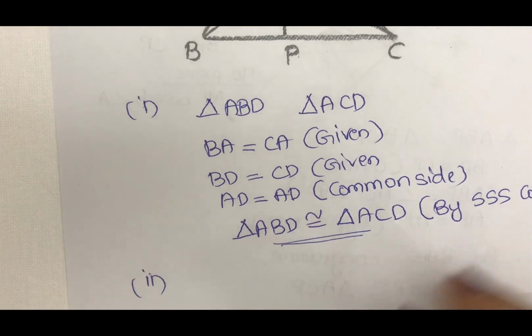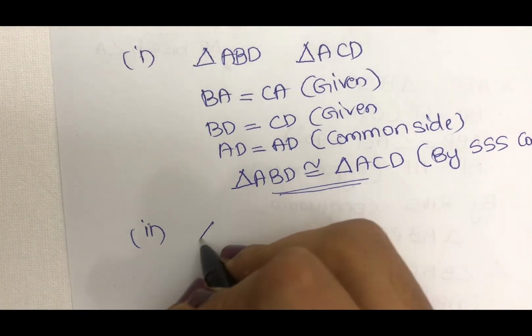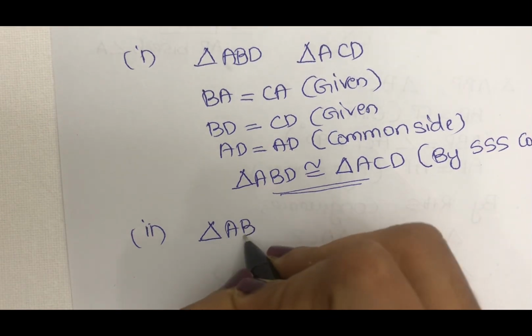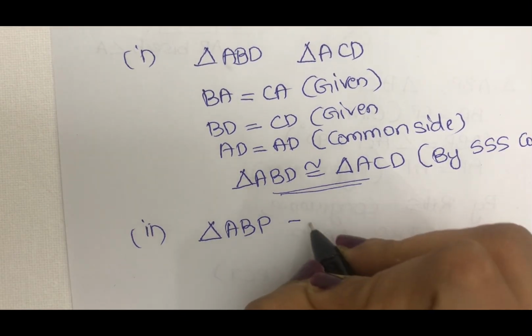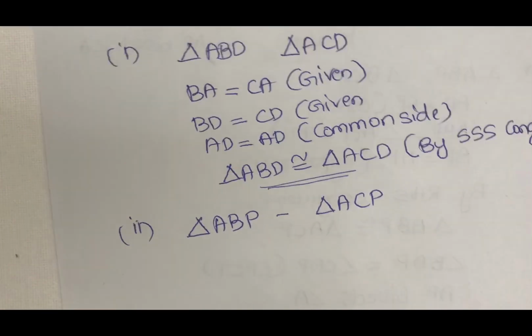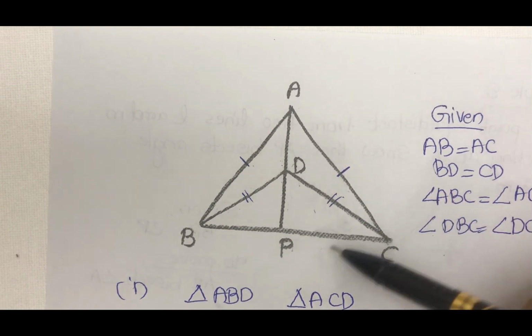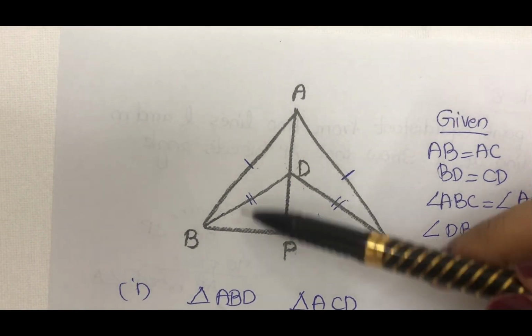Then the second one. The second question is triangle ABP and triangle ACP. Okay, so let's take these triangles.